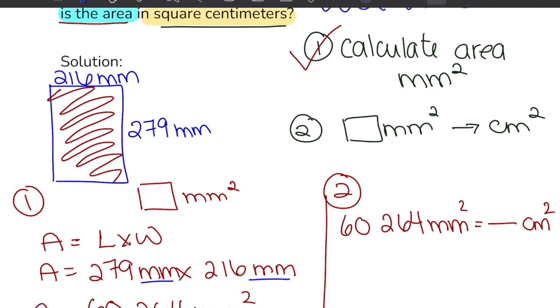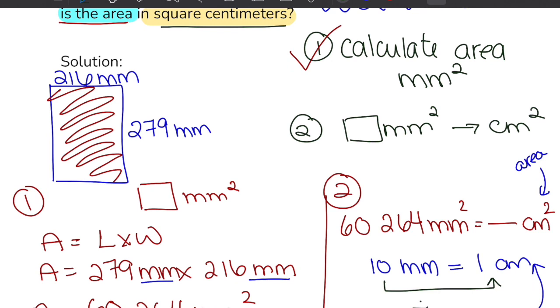From our formula sheet, we know that 10 millimeters is equal to 1 centimeter. So this is the conversion fact for length. We want the fact for area. So how do we go from 10 to 1? The number is getting smaller. We divide by 10. Here, because we're dealing with area, we divide by 10 twice.